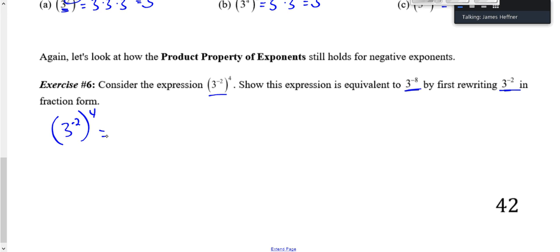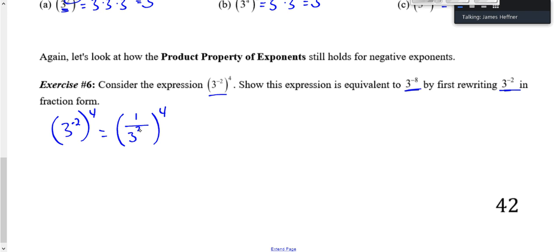So that would be effectively what to the 4th power? What does that negative exponent do? It would become 1 over 3 to the second. Now it's positive, right? When we flip it, okay?